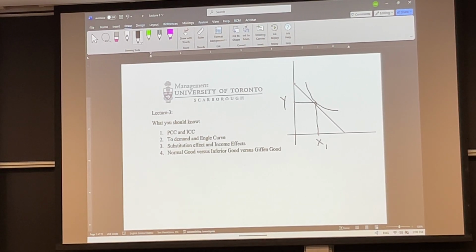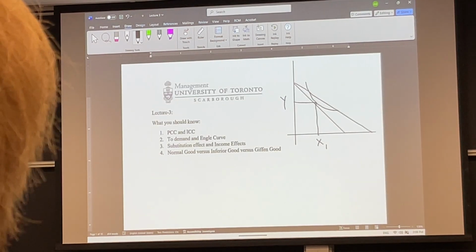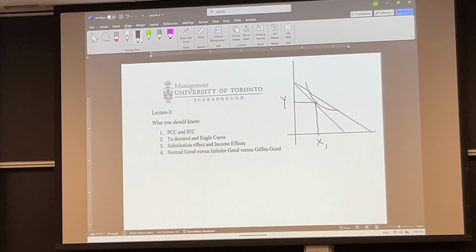Everything the same, you change the price of X. You reduce it. Find the new optimal point. Suppose you reduce it further.